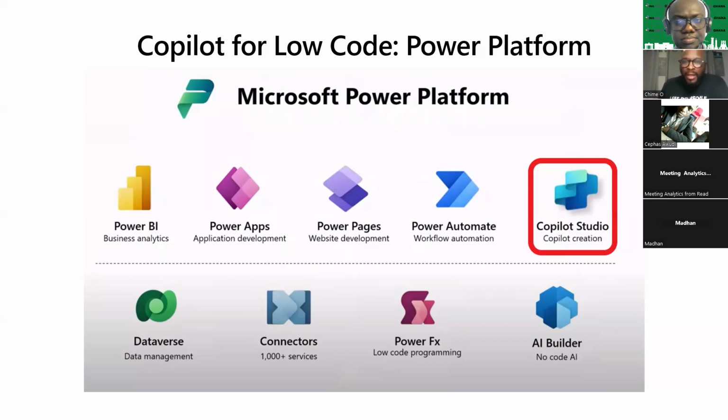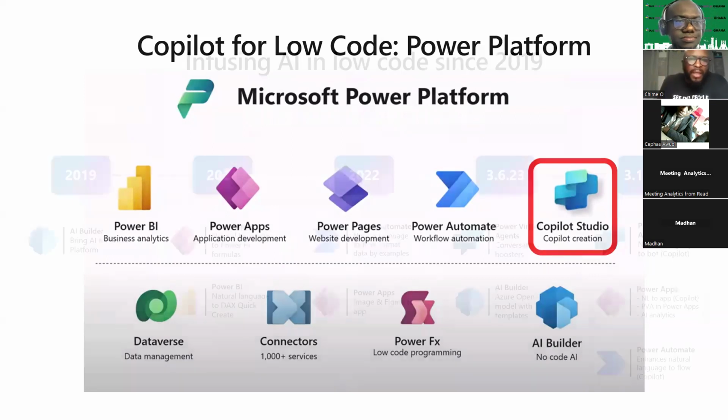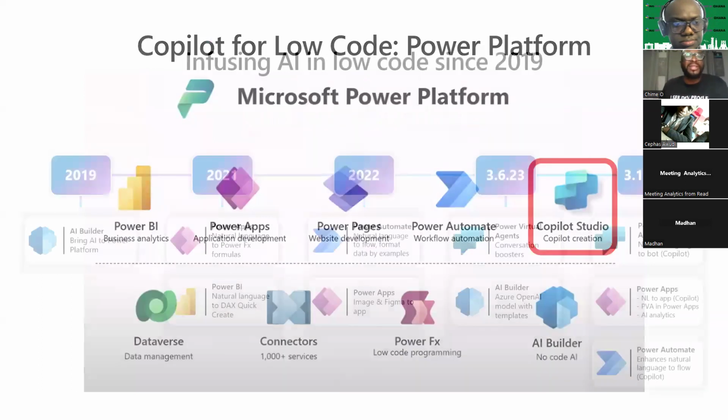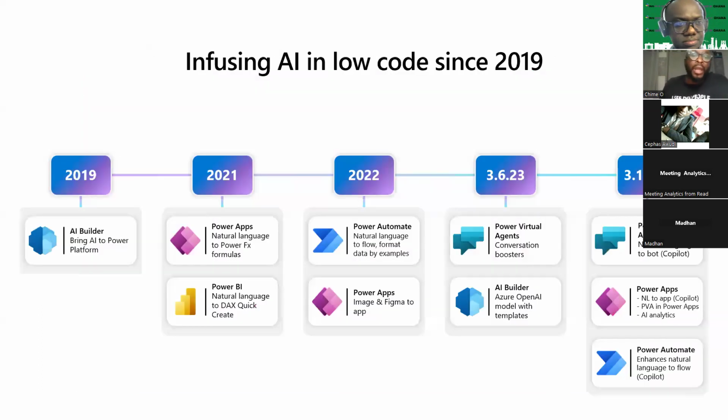We've been seeing this from 2019. AI has been coming in, gradually trickling down. We can also see that it has blown up quite a lot now, and like I said, still growing.